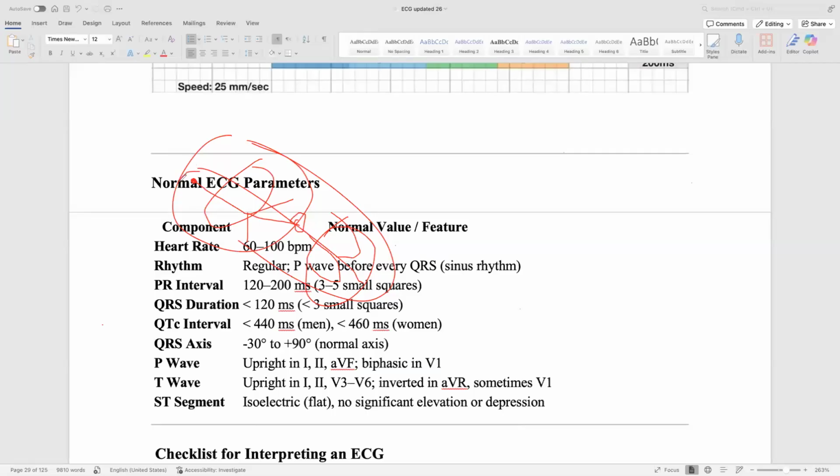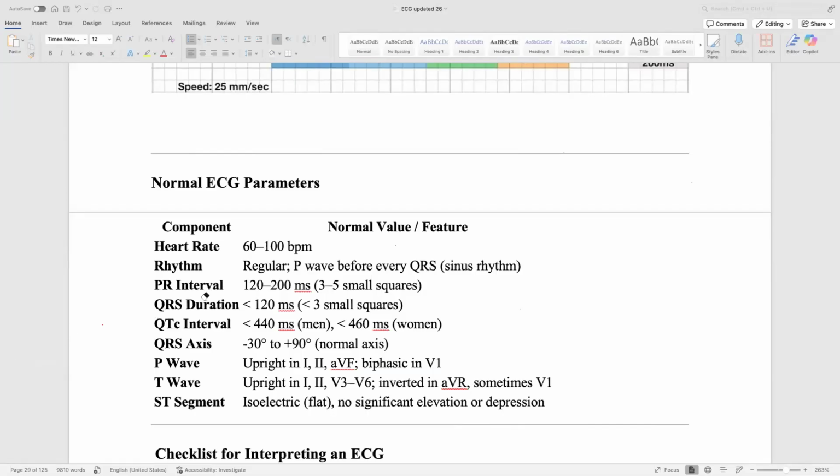Sinus means coming from the sinoatrial node. Rhythm means there is a harmony, a normal journey by the normal pathway. That is when to say sinus rhythm: electricity from the sinoatrial node going in a rhythmic way, and there is a P wave before every QRS.